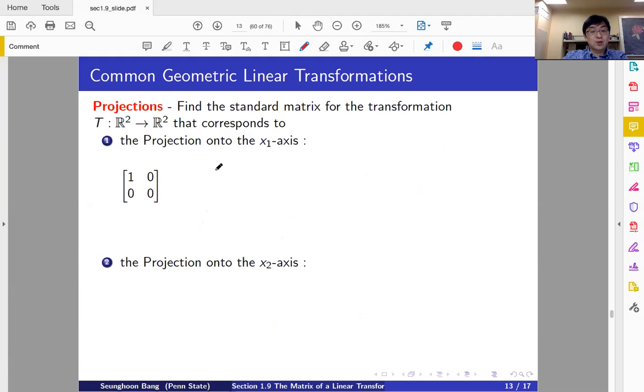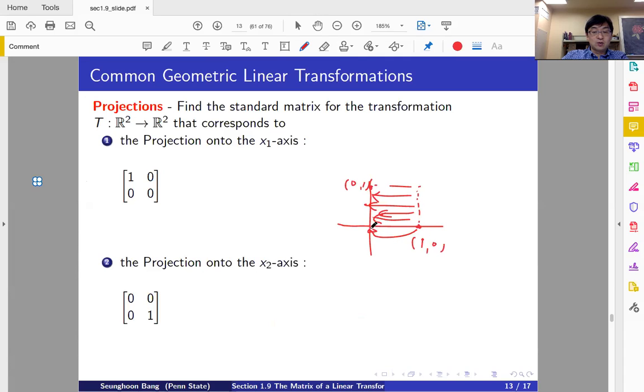The projection onto the x2 axis is a similar idea. How can we do that? Here we have (1, 0) and (0, 1), a picture like this one, projecting onto the x2 axis. So (1, 0) moves to (0, 0).